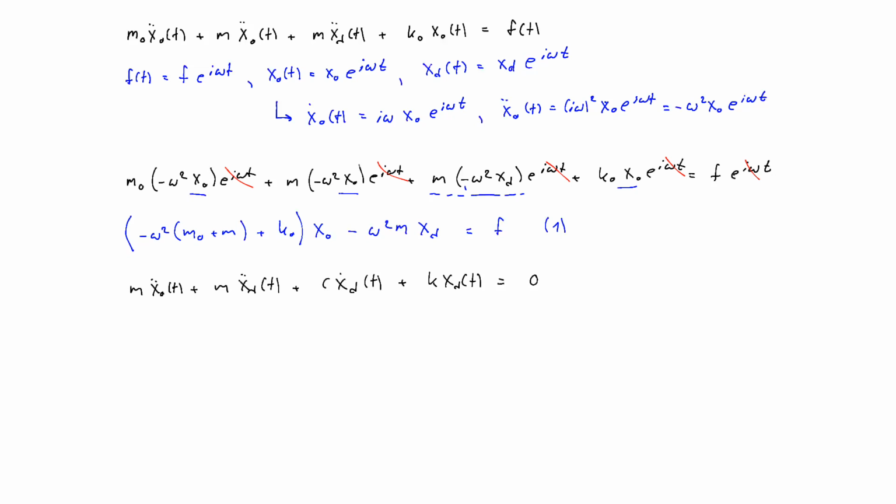Now, what have we learned? If we have an acceleration term, it's the same thing as multiplying with minus omega squared. If we have a stiffness term, it enters the equations as itself. So in between, of course, we have a damping term, but a damping term is proportional to velocity, so the damping term should simply be multiplied by i omega.